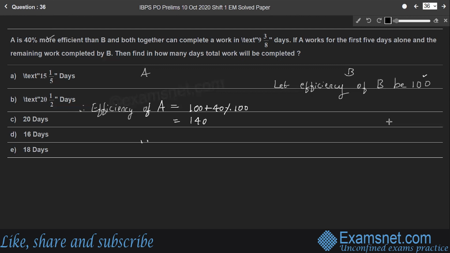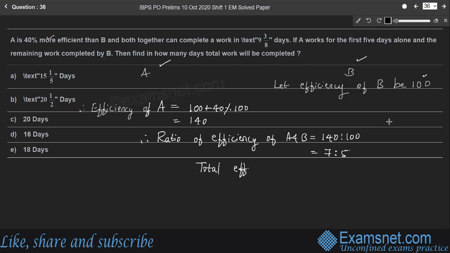Therefore, the ratio of their efficiencies, A and B, is 140 is to 100, which is 7 is to 5, right? Therefore, the total efficiency of A and B is 7 plus 5, which is 12.